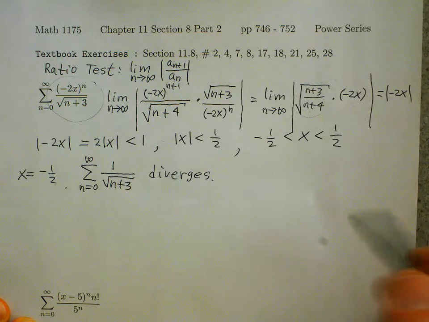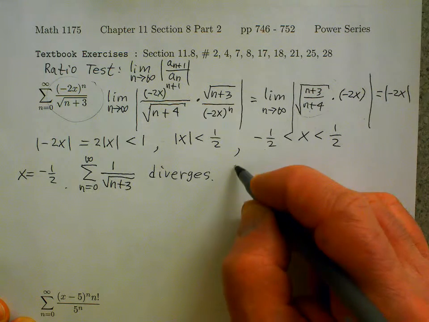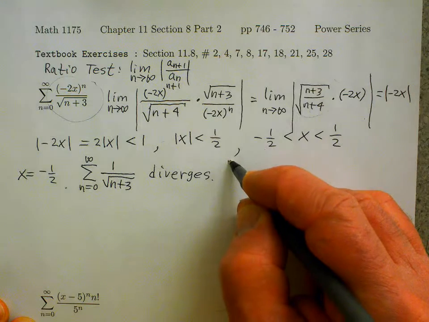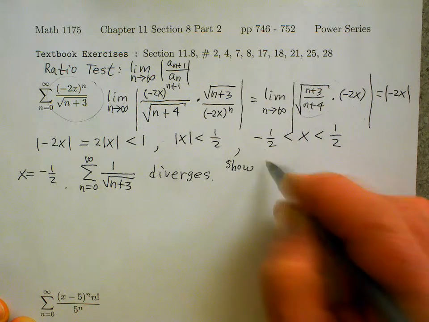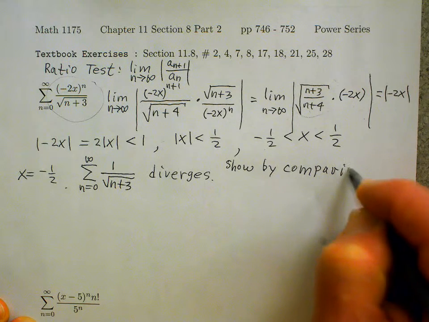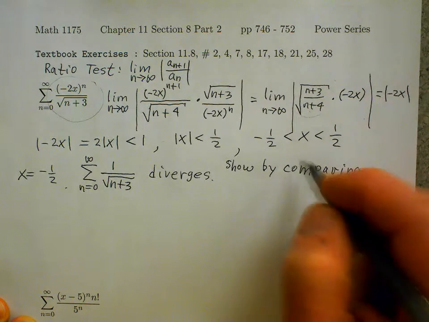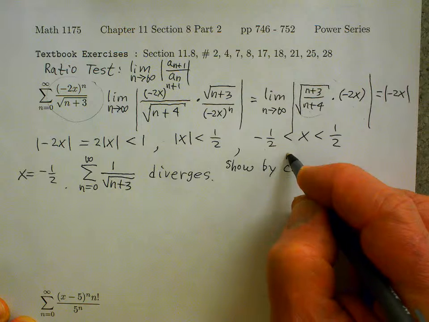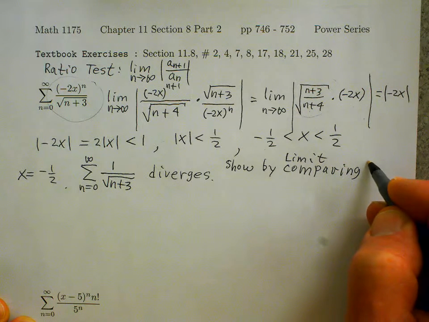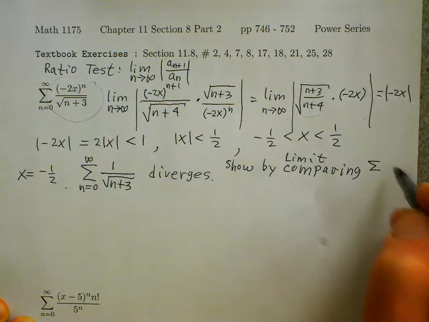If we do a limit comparison test with 1 over the square root of n, which we know diverges, you can show this by comparing. To be more explicit, I'm thinking of limit comparing the infinite series of 1 over the square root of n.